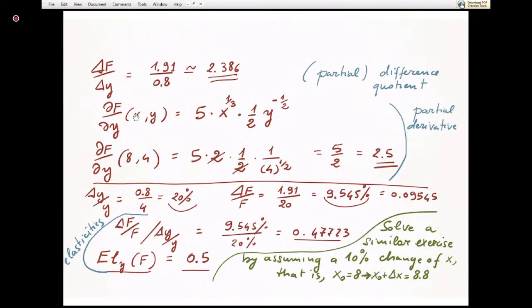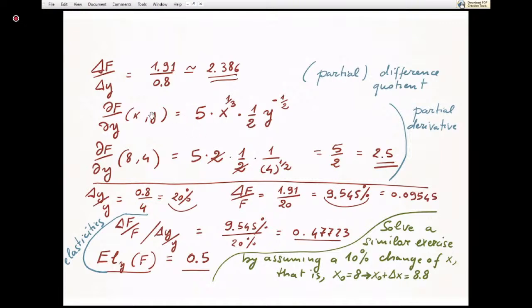The partial derivative of this function is 5. It's a Cobb-Douglas function. Partial derivative with respect to y: 5 times x to the power 1/3 times, since y was the square root of y, the derivative is 1/2 y to the power of -1/2. This is the derivative of the term y to the power of 1/2.